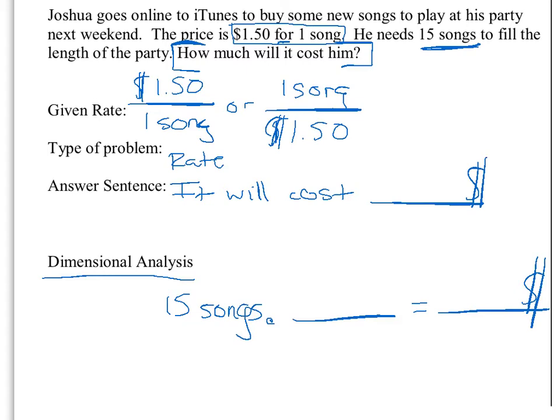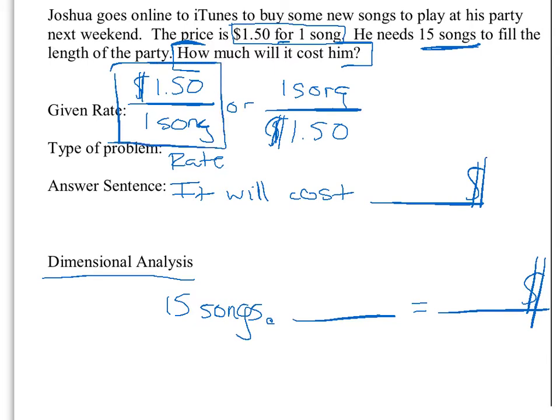So here, I see that my current units say that I have songs, but I want my units to be dollars. So I have to think to myself, what can I do? Which of these two rates can I use to help convert my songs to dollars? That's going to cancel out my songs and leave me dollars on top. So when I look at that, I go, oh, well, it looks like this.